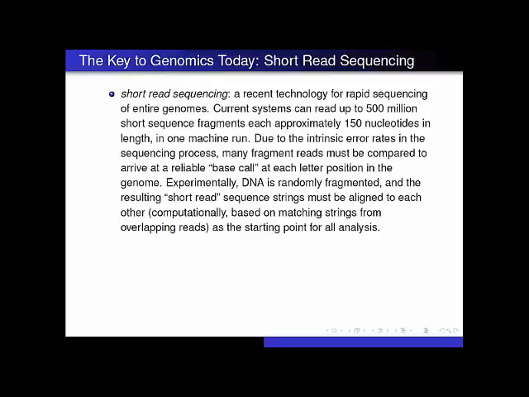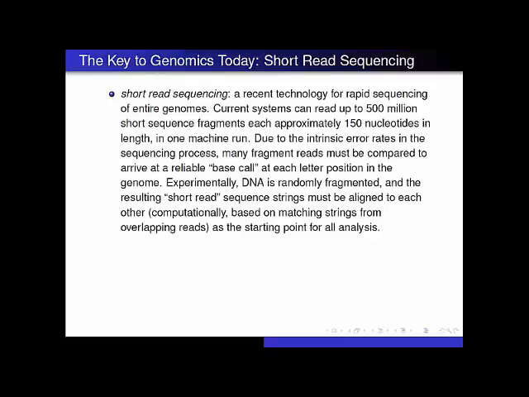So I think you can see right away there's computational challenges involved in inferring the complete genome sequence from all these short reads. We'll talk a little bit about that later in the course. But right now, let's just say that we're generating huge numbers of these, and each individual read is short.